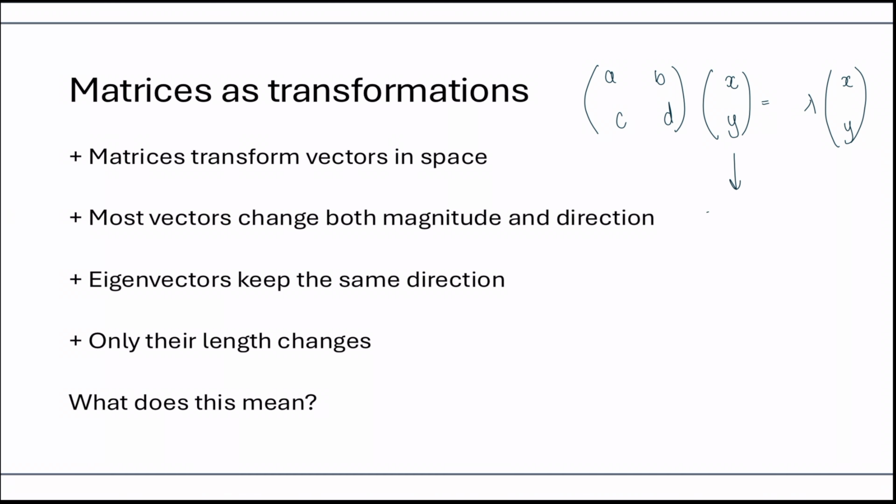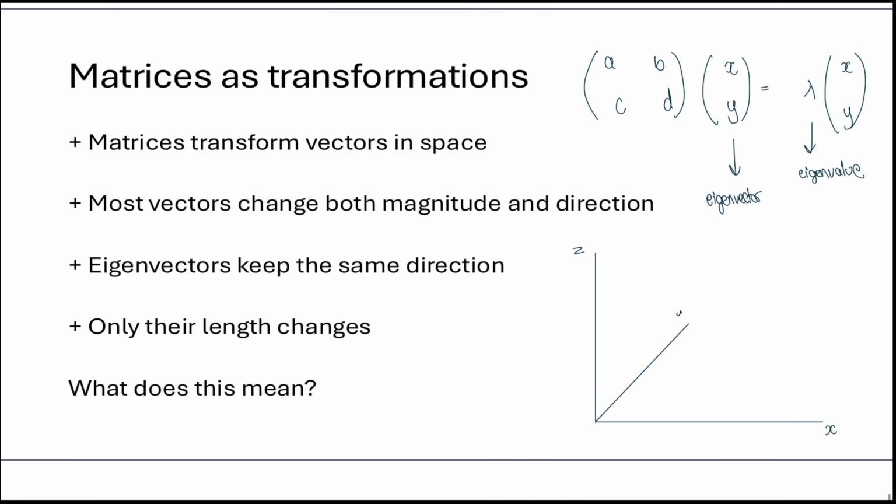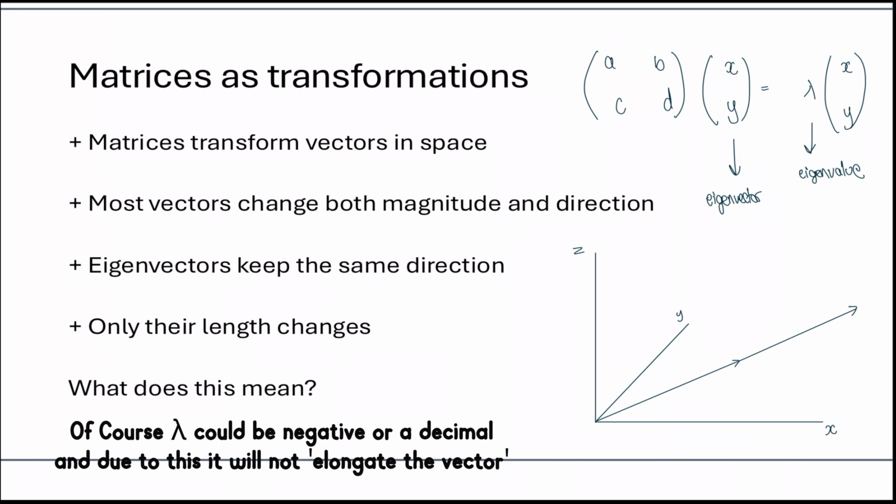So xy would be our eigenvector and lambda is our eigenvalue. So if we had some three-dimensional space, if this is our vector xy, under this transformation, it might elongate. So this is x, this could be lambda x, where x is a vector.